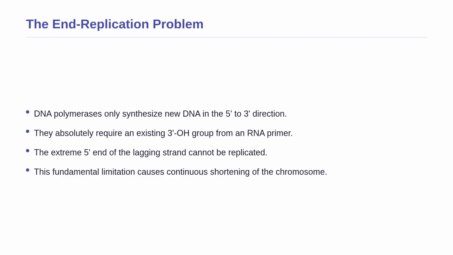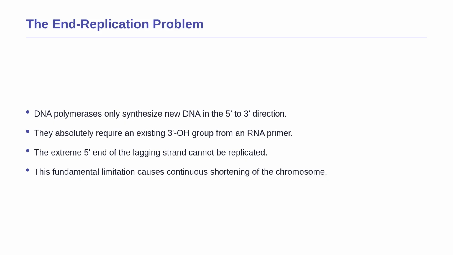Now that we understand the need for protection, let us look at why DNA shortens in the first place. This is known as the end replication problem. Because DNA polymerases can only synthesize new DNA in the 5' to 3' direction, they absolutely require an existing 3' hydroxyl group from an RNA primer to start.